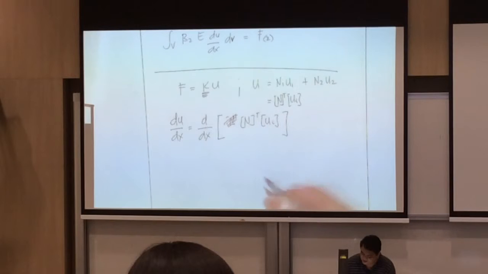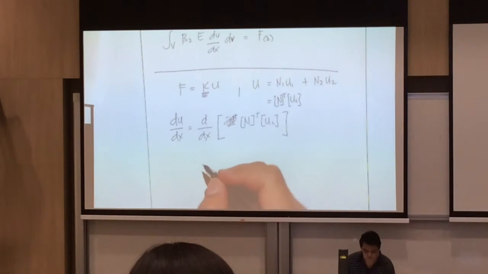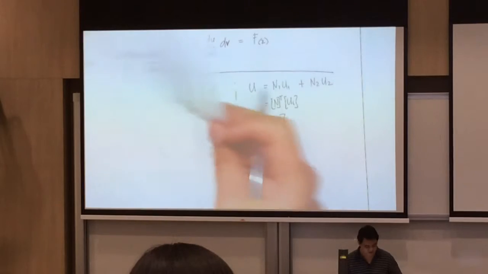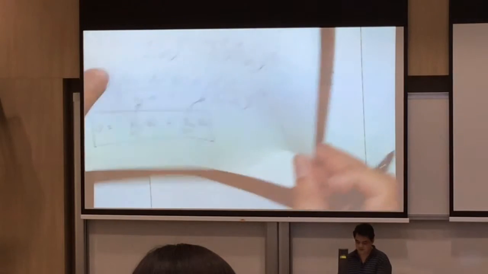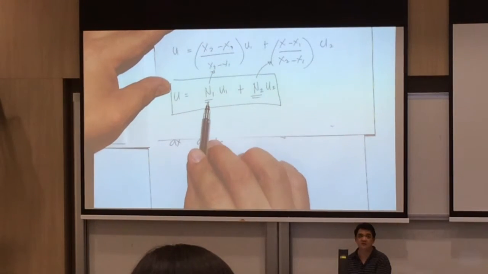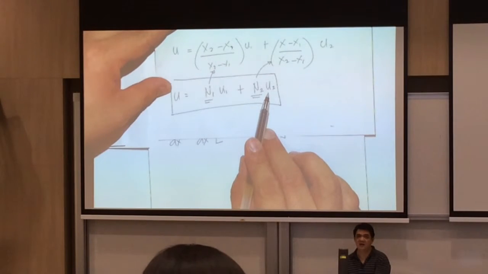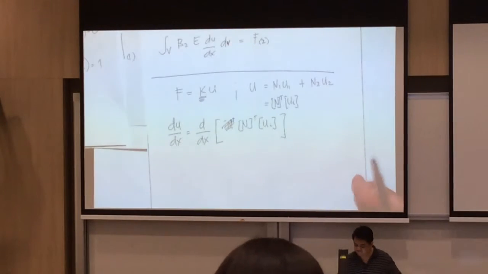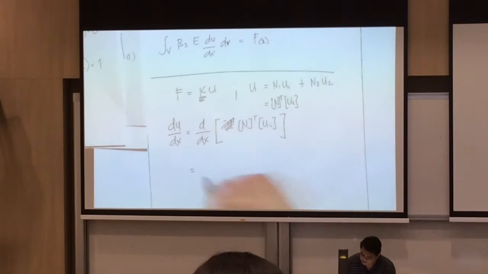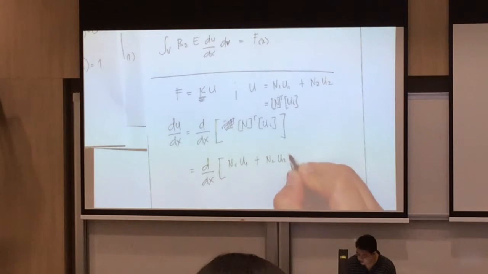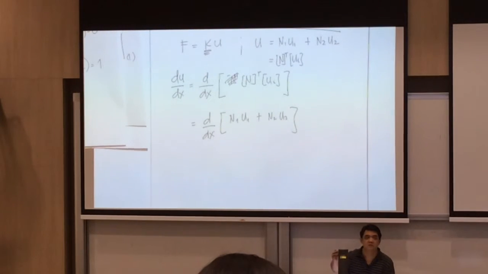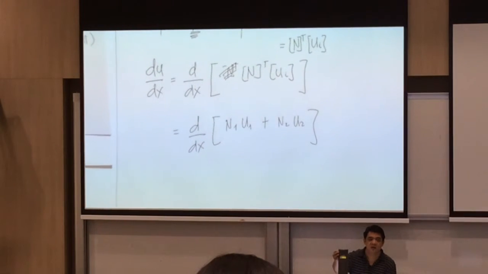So what we can have here now is that, what was our previous equation, by the way. So we have this one, right? So again, it's just trying to write two things here. So this one now is d dx, and then we have now here N1 U1 plus N2 U2.